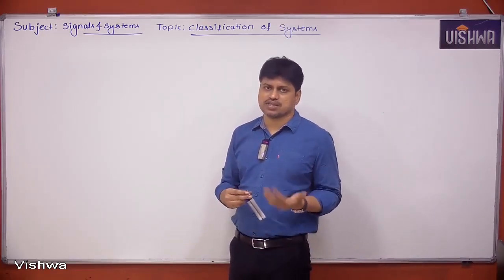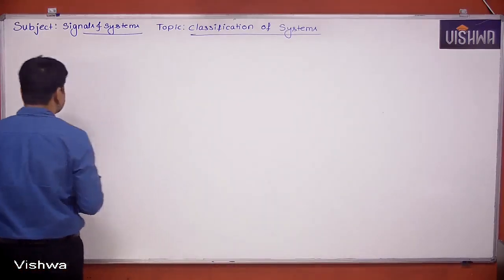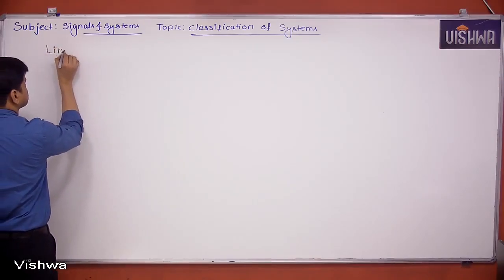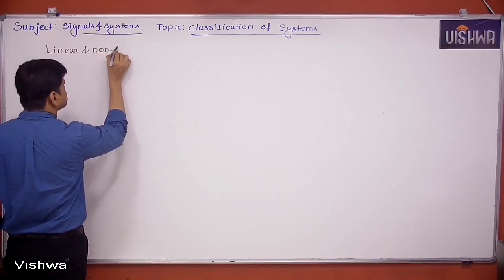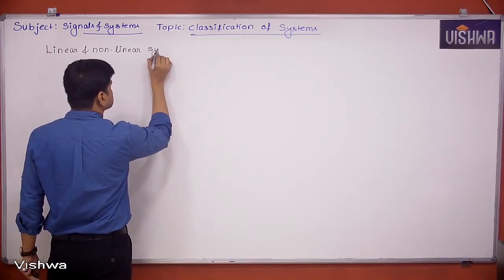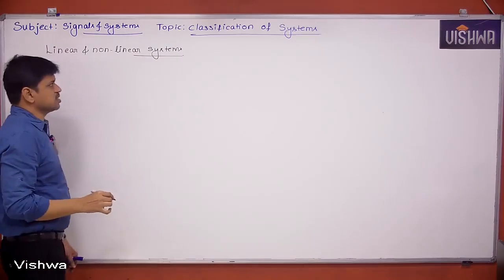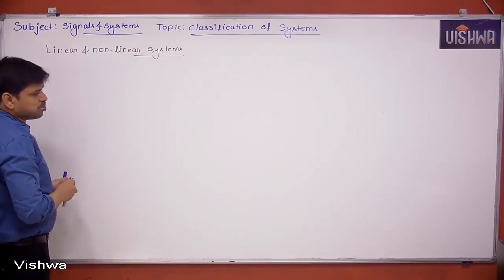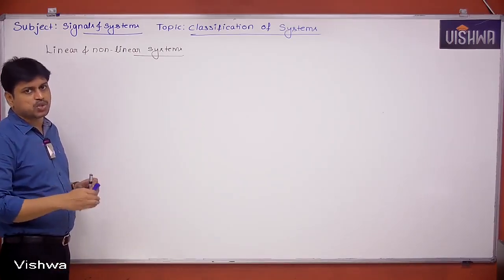How can we classify the system in different ways? The first and foremost way is linear and non-linear systems. Okay, listen carefully. A system is said to be linear when it satisfies two properties, or it obeys two principles.